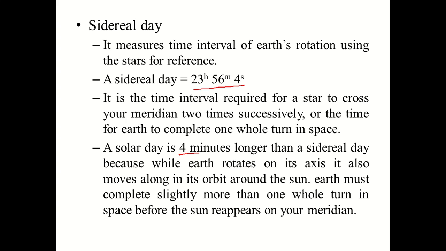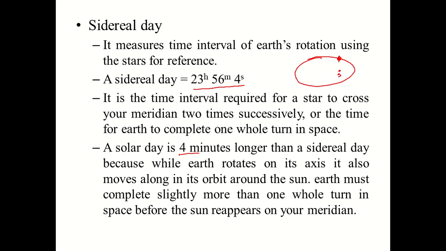To understand it, just consider this is the orbit of Earth, and suppose the sun is at this point. This is the sun. Suppose Earth is here. Suppose this is the meridian.